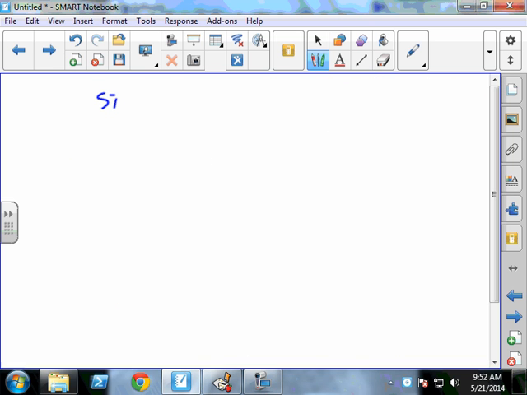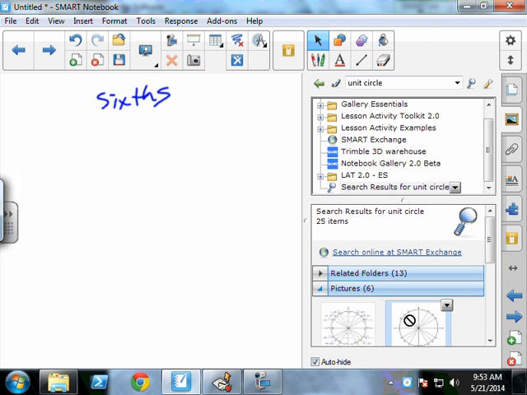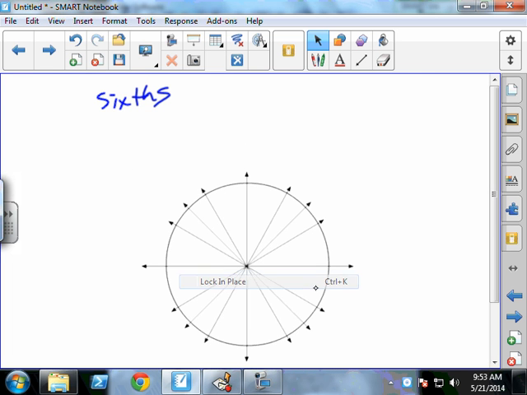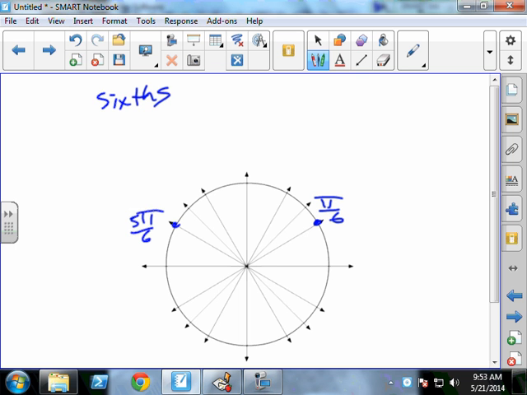So here's the sixths. And with the sixths, so as to not clutter this all up, I'm not going to go through all the calculations involved. I'll just go through the first one at pi over 6. Now remember, we do have 5 pi over 6. And then we're also going to have 7 and 11 pi over 6. Okay. So the coordinates here, this x distance is greater than the y distance.